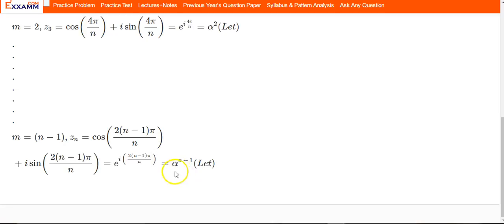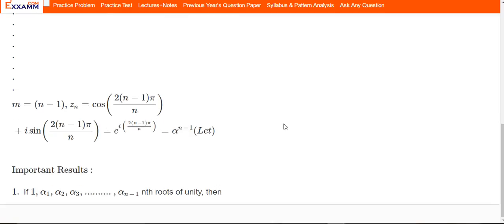Now this alpha to the power n minus 1, if we calculate for a particular value of n, will be the conjugate of alpha, and the conjugate of alpha square would be alpha to the power n minus 2. You can check these results by taking a particular case, and by thinking about it also you would realize that this would be the situation.